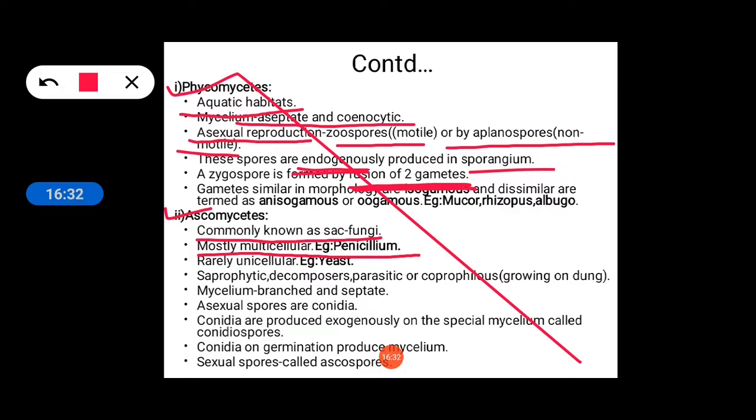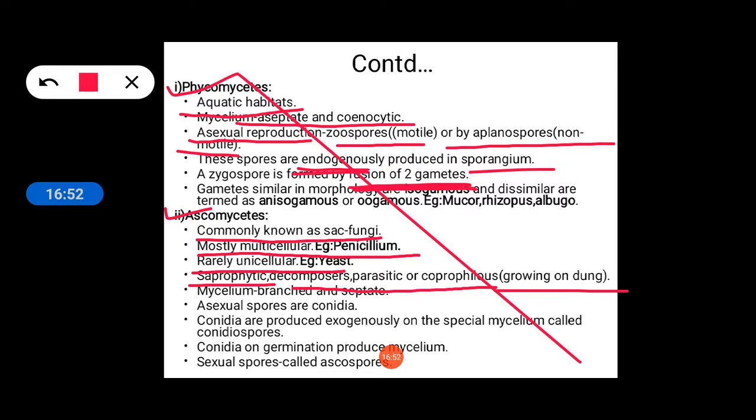So unicellular Ascomycetes, rarely unicellular, example yeast. Okay. The next one is saprophytic, decomposers, parasites or coprophilous, growing on dung.